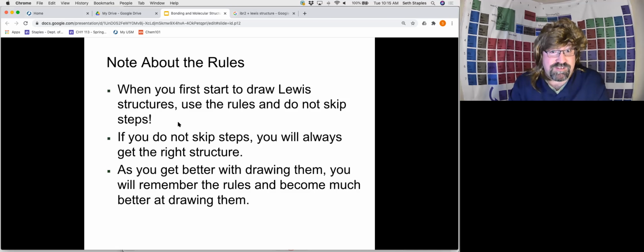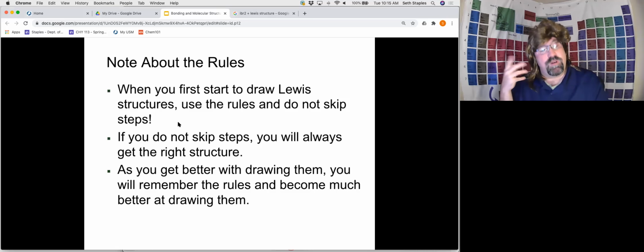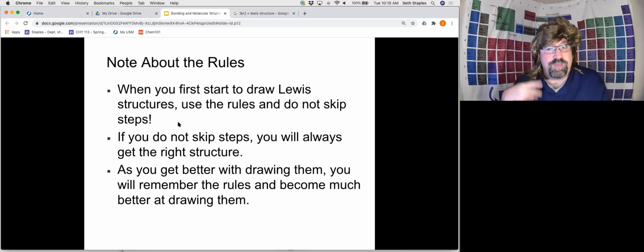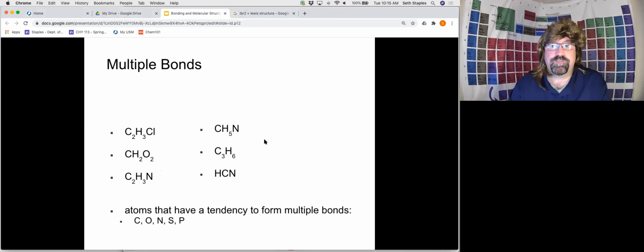If you don't skip the steps, you're going to come up with the right structures. As you get better and better at drawing these, you're going to just remember the rules and be able to do them. And like anything with experience, you're going to get better. You might be able to start skipping some things a little bit because you're going to see where things are going. But as you're first learning these, just do not skip steps. Stay very stepwise and very systematic in your process.